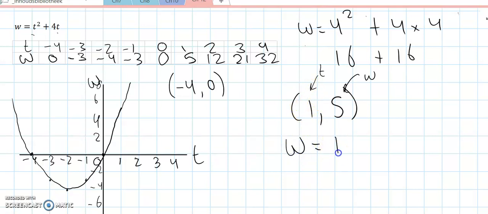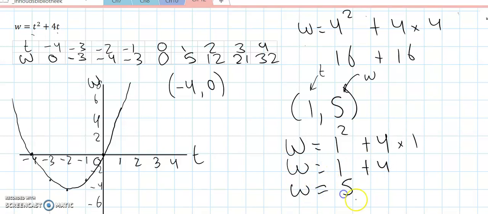W is 1 squared plus 4 times 1. And then you get w is 1 plus 4. So w is 5. So now you calculate it with the formula. Of course, we already saw it in the table, but if you didn't have the table, that w is 5 belongs to t is 1. So yes, this point lies on the graph.